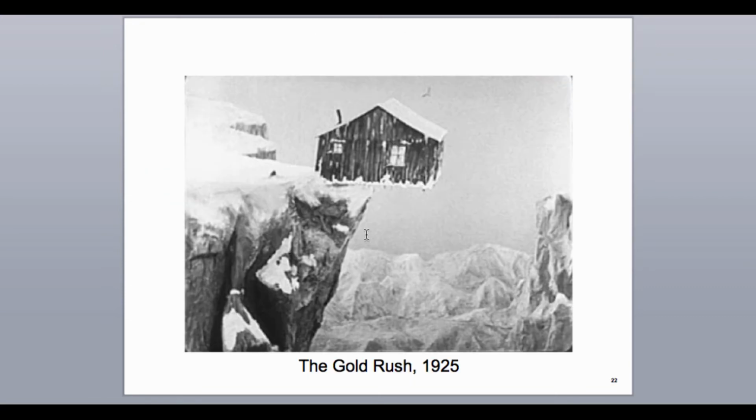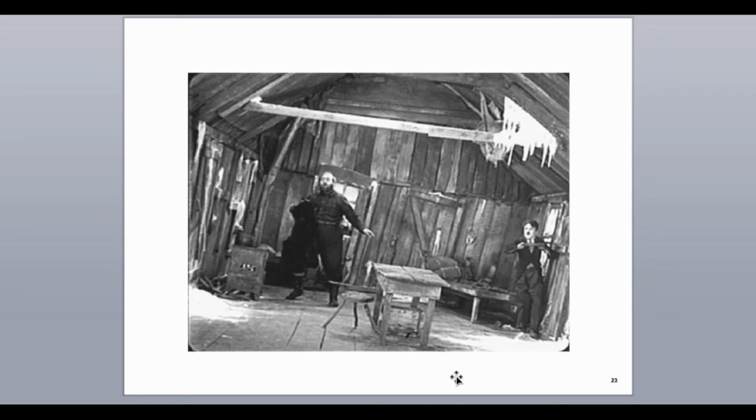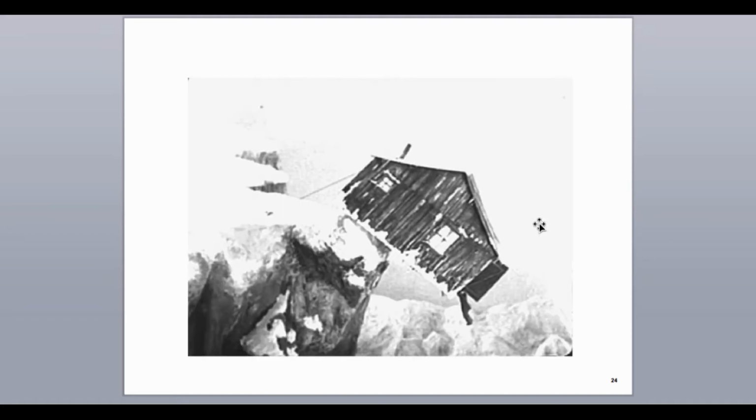As an example, we see a model of a house on the edge of a cliff in The Gold Rush, a 1925 Charlie Chaplin film. As the movement is created in a special set, the tipping causes a change in camera perspective, like they're going over the side of the cliff.